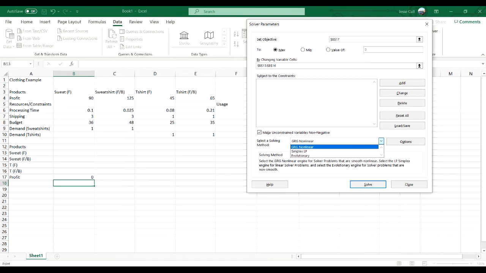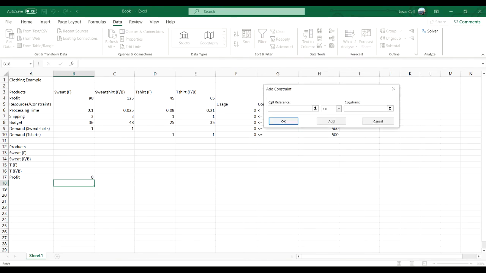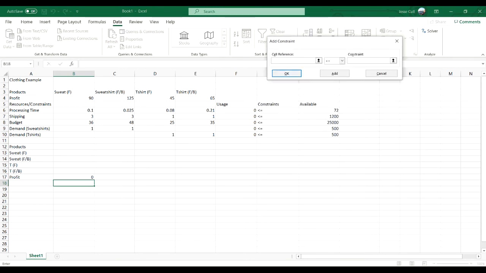So, as before, we make it simplex LP, and we have to add our 5 variables. The first one, total time, must be less than or equal to actual available time. Total shipping must be less than or equal to available shipping space.